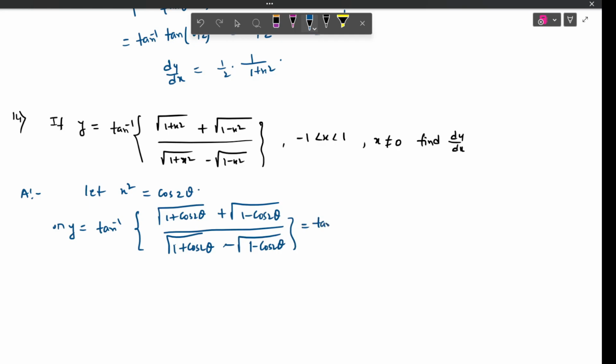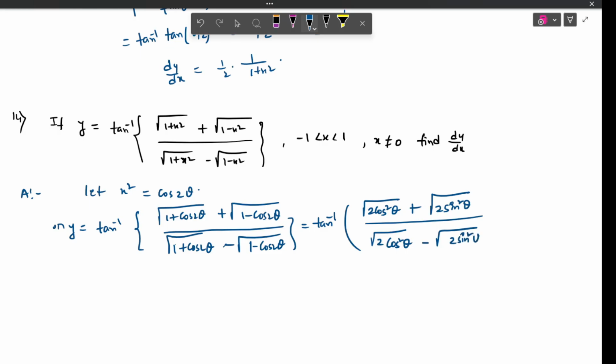So it will be tan inverse, where 1 plus cos 2 theta is 2 cos square theta, so you will get 2 cos square theta. 1 minus cos 2 theta is 2 sin square theta, so you will get 2 sin square theta. Similarly in the denominator, you will get 2 cos square theta and 2 sin square theta.